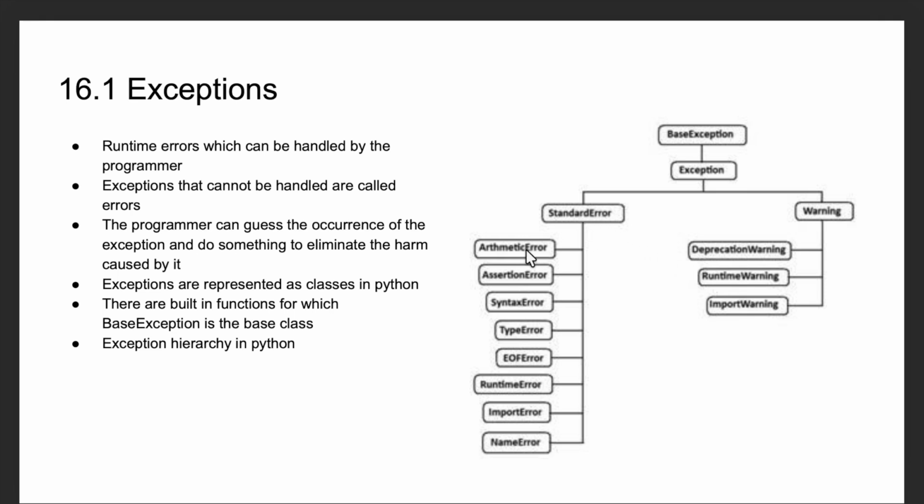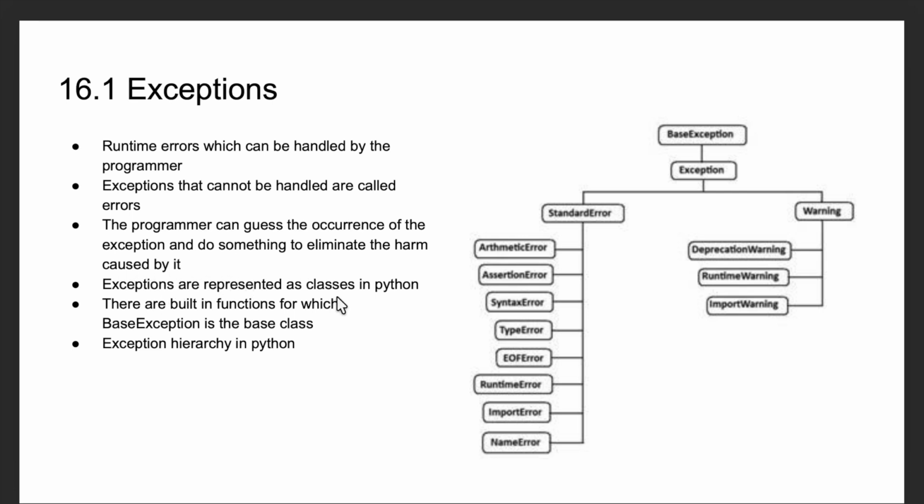The standard errors are arithmetic, assertion, syntax, type error, end of file error, runtime error, import error, and name error. So these are all errors, and these are all warnings. The programmer can guess the occurrence of an exception and do something to eliminate the harm caused by it.